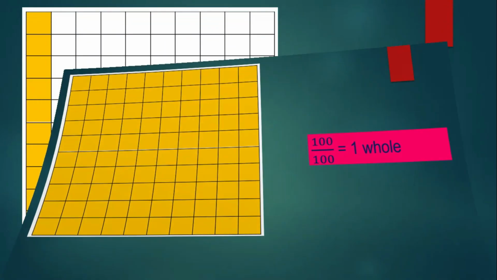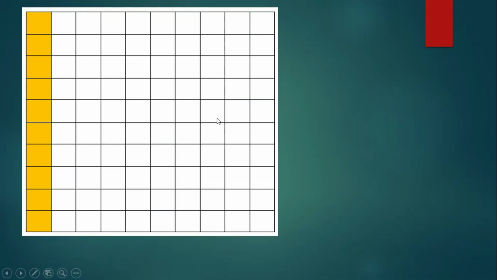Next we have, out of the given 100 squares, you can see here 1, 2, 3, 4, 5, 6, 7, 8, 9 and 10 squares which form a single strip are colored. So what will be the decimal representation here?